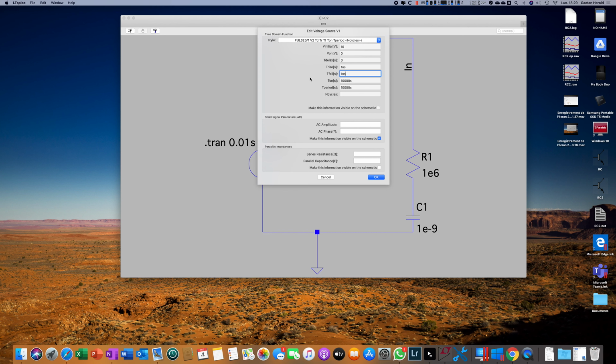We must also configure the t rise and t fall, which are in fact the time it takes for the voltage to go from the initial state to the on state and back again. Ideally, it would be 0 nanoseconds. In the real world, it would be a little bit more. These parameters are mandatory in LTSpice.